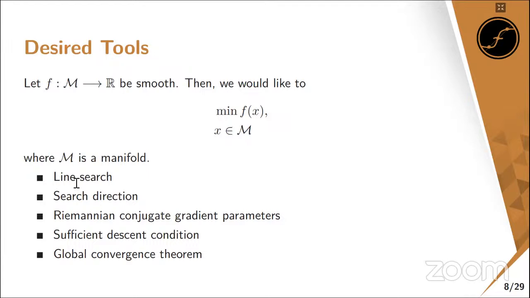That is, we require line search to be extended to manifolds, and also the search direction. The Euclidean conjugate gradient parameters need to be extended to Riemannian conjugate gradient parameters. In order to show the convergence of the algorithm, we require the search direction to be a descent direction, that is, sufficient descent. And we also need to show the global convergence of the algorithms.